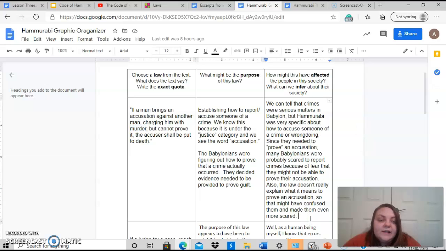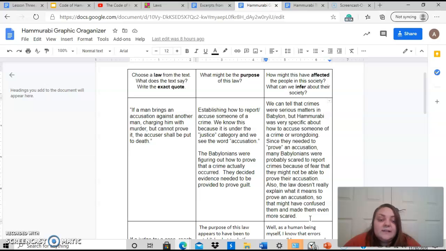Well, to me, I can infer that they took crimes very seriously, especially the crime of murder, because they wanted proof that the crime took place before they actually punished someone for the crime.